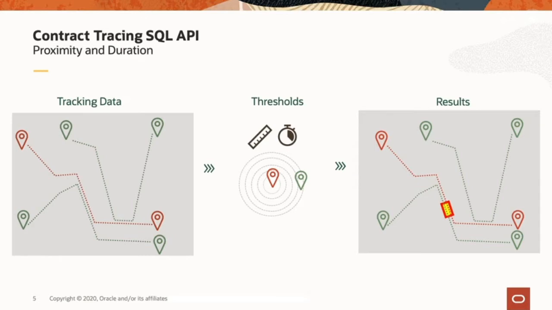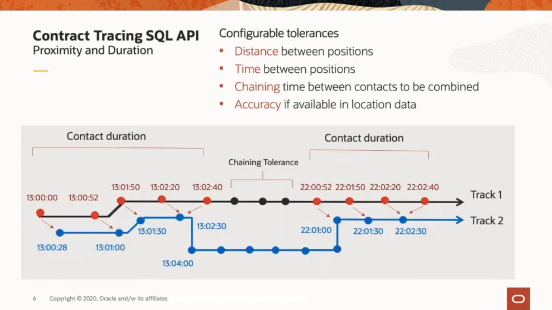And the diagram on the right is basically showing us that based on a set of space and time thresholds, the tracks that we're showing, even though some parts of those tracks across different moving assets or people are very close in time, some are very close in distance, it's only that extent shown in yellow surrounded by the red box. That's the only area that meets the space-time thresholds and is therefore, in this cartoon example, the extent of contact. And that's really what this API is about, applying space and time thresholds to tracking data to identify contact.